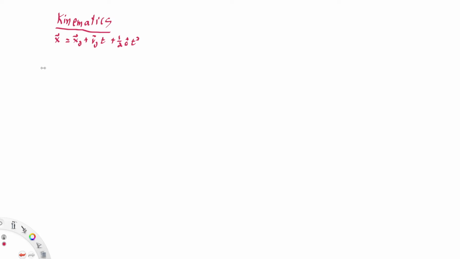Recording's good. So we have three things that we learned in kinematics. Noting that this third one is actually not a vector equation. It's a scalar equation, so you can only apply it in one direction at a time.